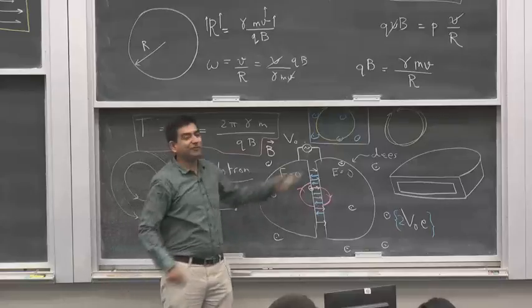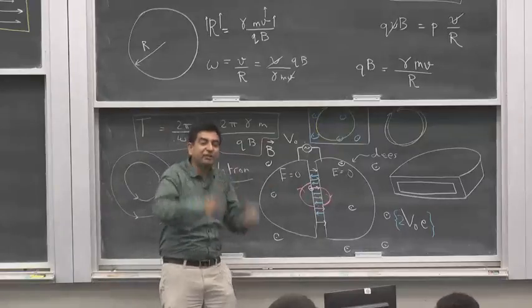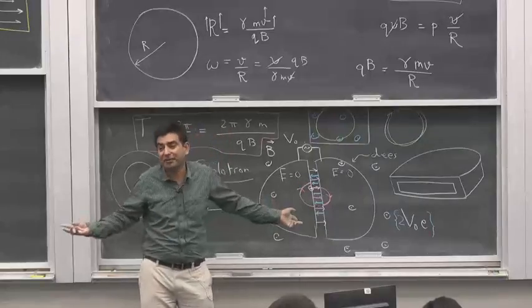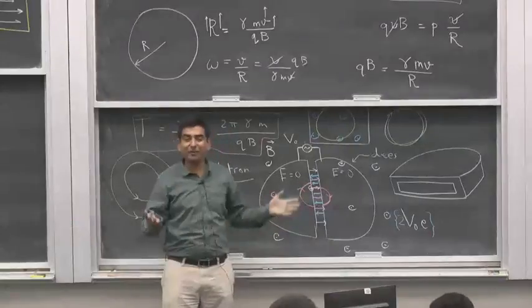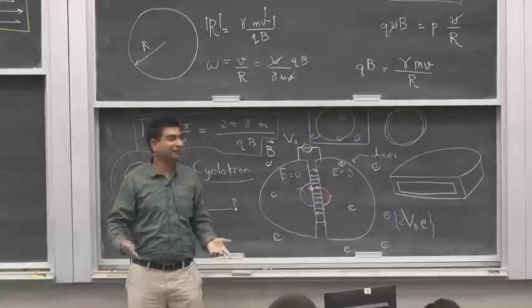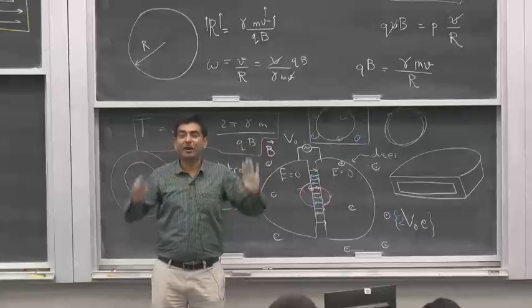And now the AC voltage is still on, and it's switching direction at a time which is synchronized with the angular speed. The angular speed, by the way, does not depend upon the radius. So you can keep on increasing the radius, the angular speed remains constant. So the time period remains constant. So this AC voltage has to have a fixed frequency, but only up to a certain limit.